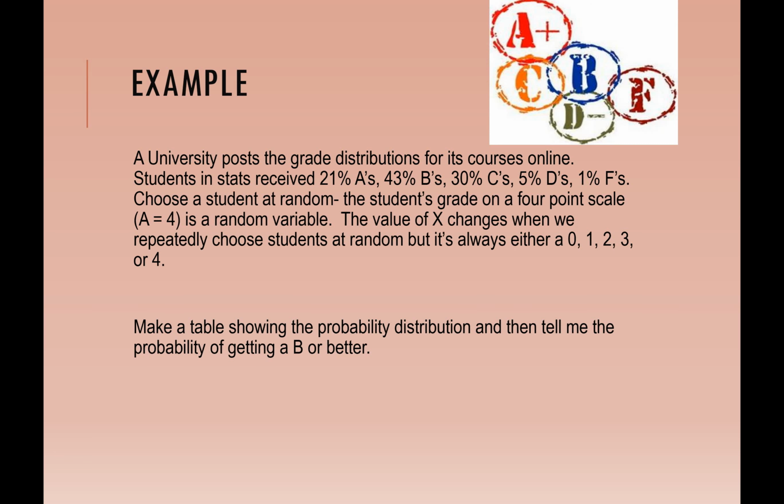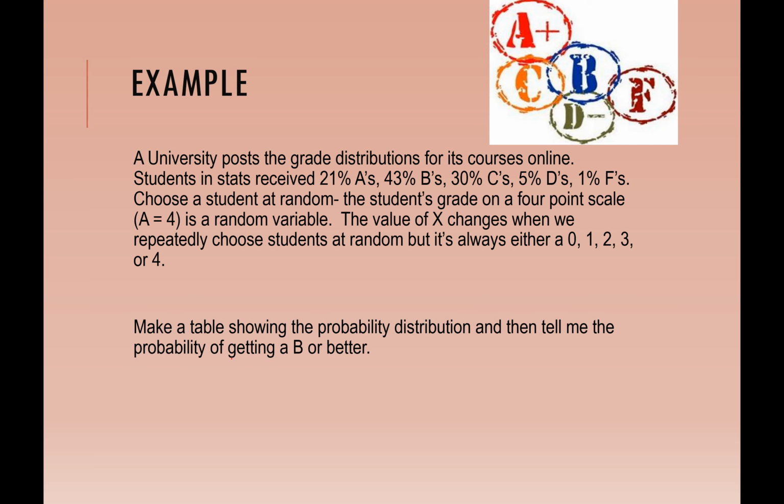All right, so how about you give this a try? We have a university grade distribution for the courses online in statistics and how many got the different grades. And we want to choose a student at random and have the probability distribution so we can figure out some probabilities when we choose a student at random.